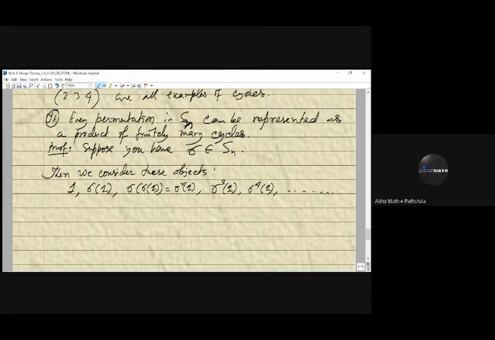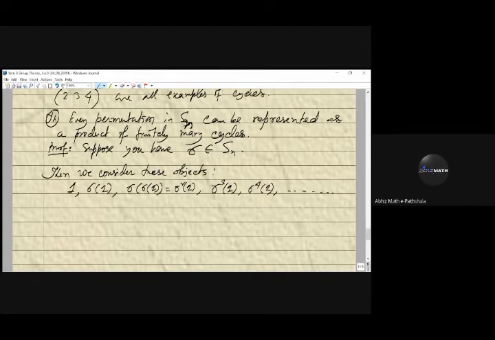So you will find that this set of objects apparently seems to be an infinite set, but it is not.